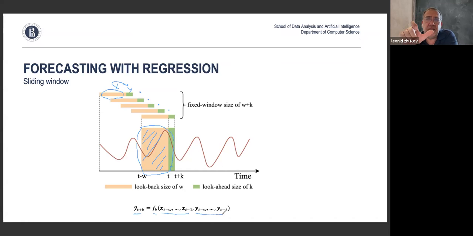But again, you don't use all of it, you just take it within the sliding window. And that allows you to generate the setup for a machine learning problem.